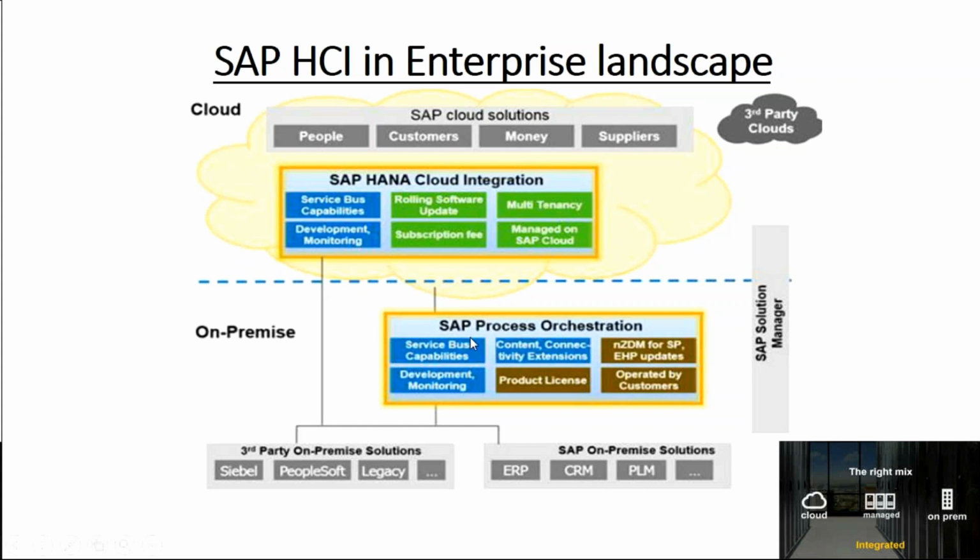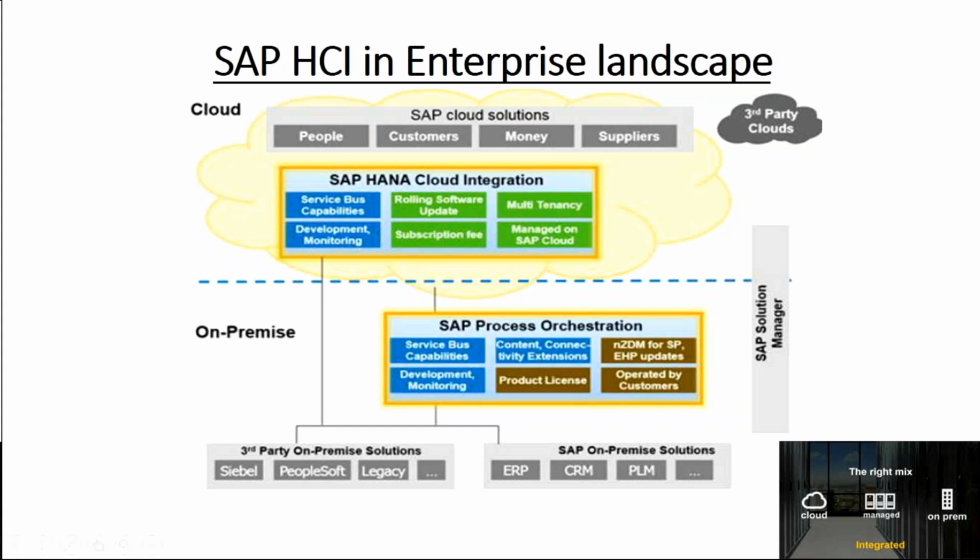Okay, so in on premises you have your ERP, CRM, your Siebel, all the on-premises solutions. Your PIPO, which is being installed on your on premises, and above in the cloud it is your HANA Cloud integration or your cloud solutions, which may include your SuccessFactors, C4C, Ariba, Concur, and your third-party cloud, which means your Dropbox, Salesforce.com, and so on and so forth.